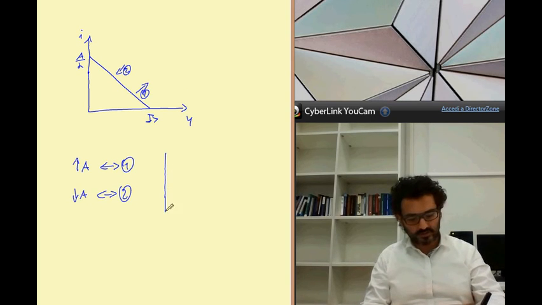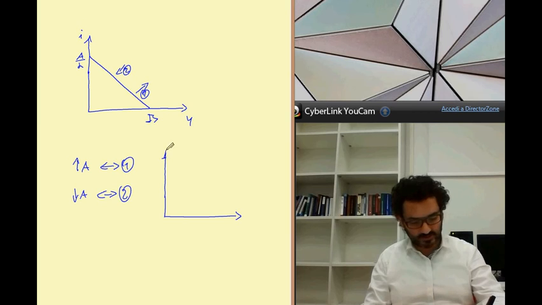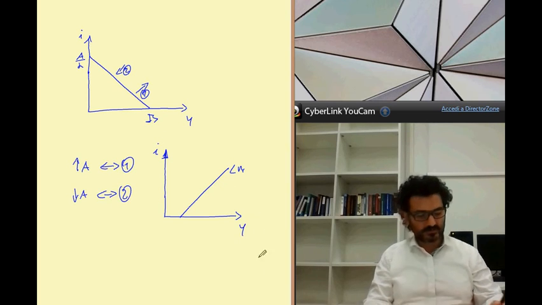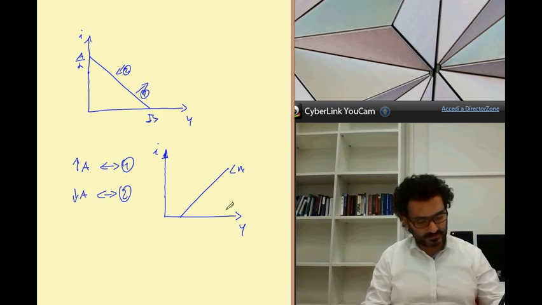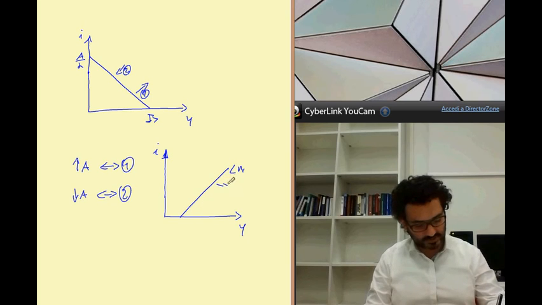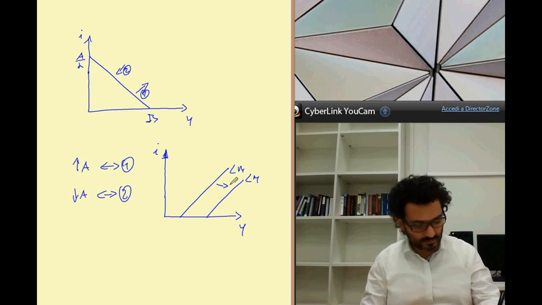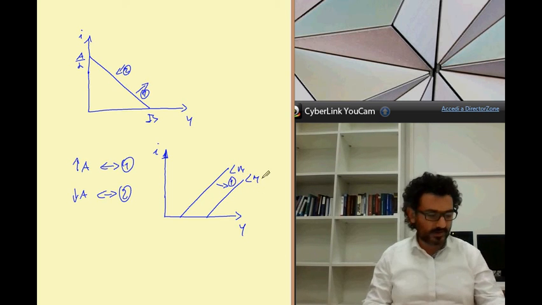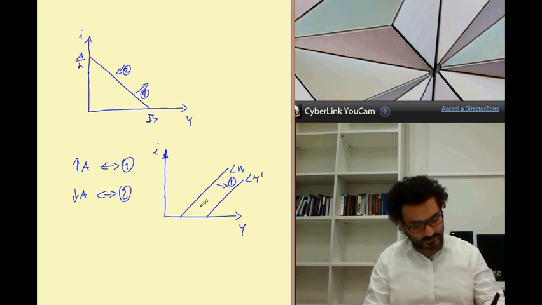Another thing that we have considered is the LM relation. Remember, LM is increasing in this space. Expansionary monetary policy implies a shift to the right of the LM relation, while restrictive monetary policy shifts the LM to the left.